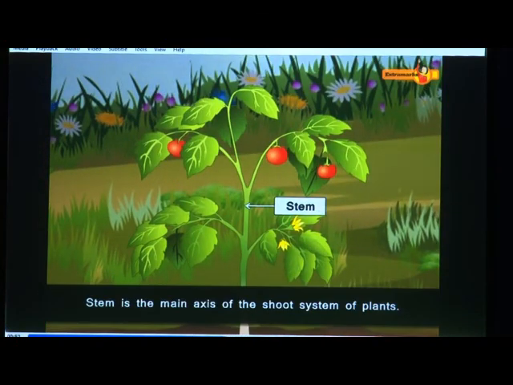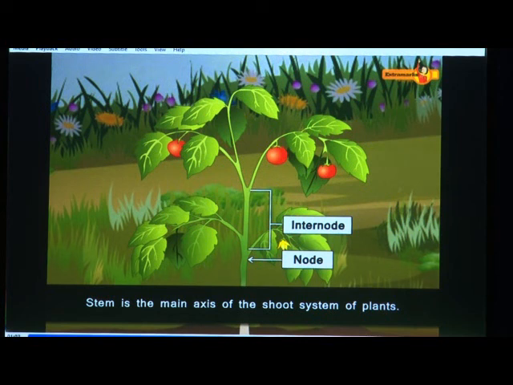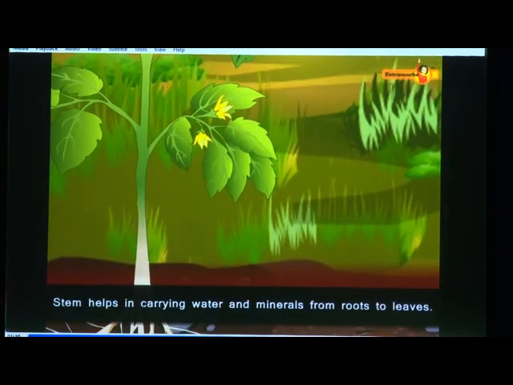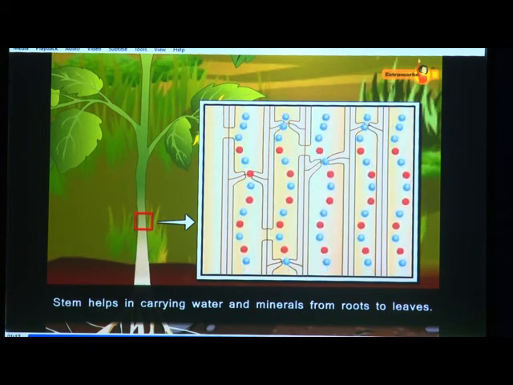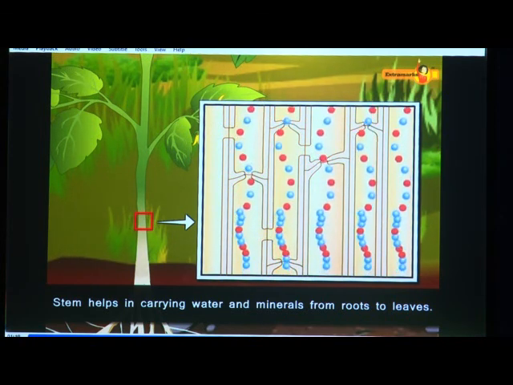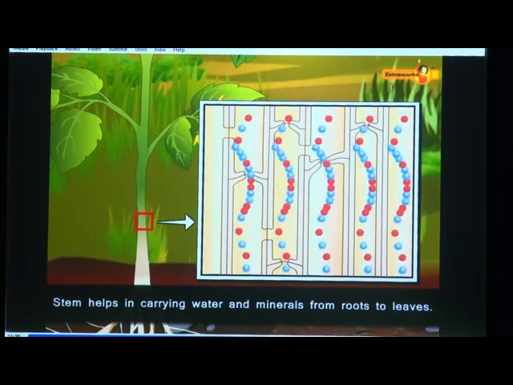Stem is the main axis of the shoot system of plants. It is green due to the presence of chlorophyll pigment. It consists of nodes and internodes. The nodes are the points in the stem from where the leaves arise. Stem helps in carrying water and minerals from roots to leaves. They also help in carrying minerals from leaves to other parts of the plant.